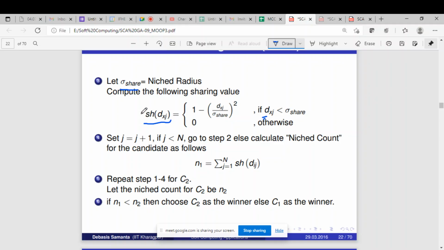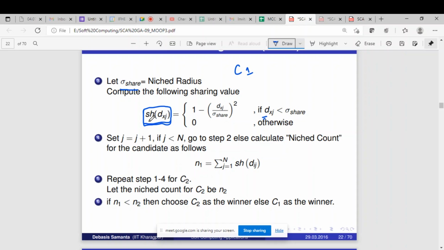For every individual we calculate this sh of dxj. Here x represents c1, so with respect to c1, we see how close the other individuals are within this radius, this niche radius.